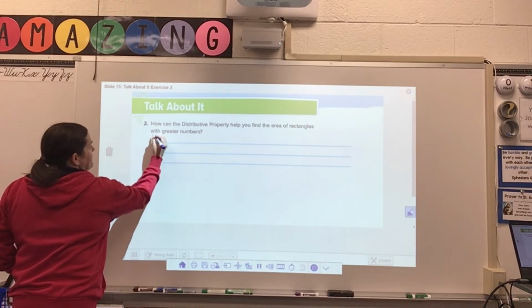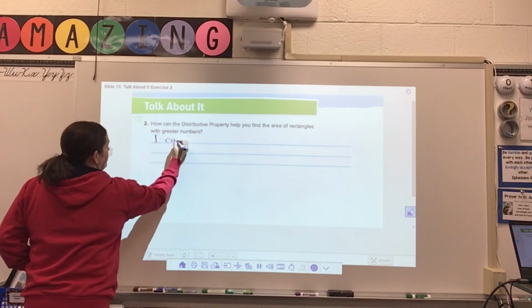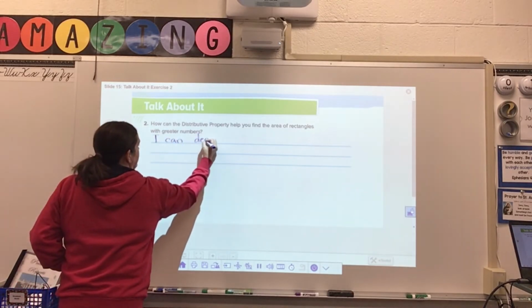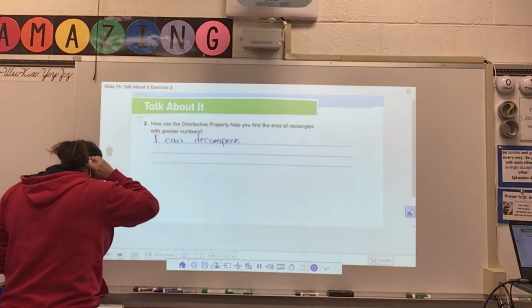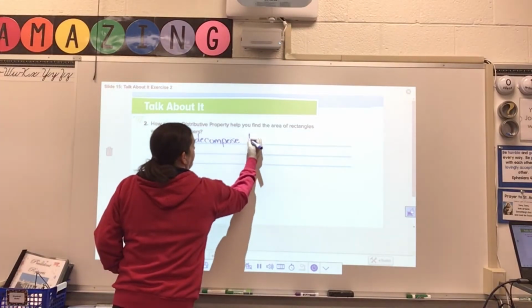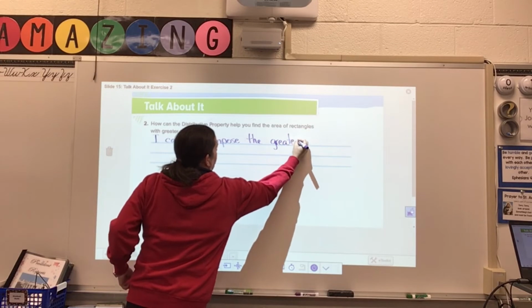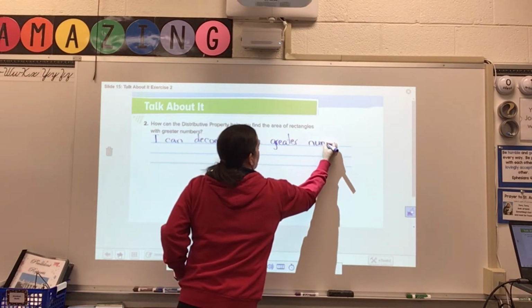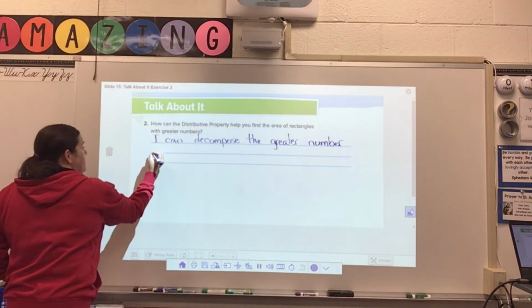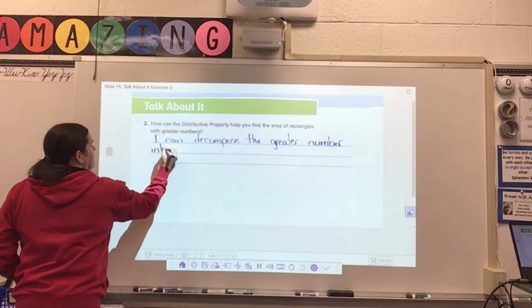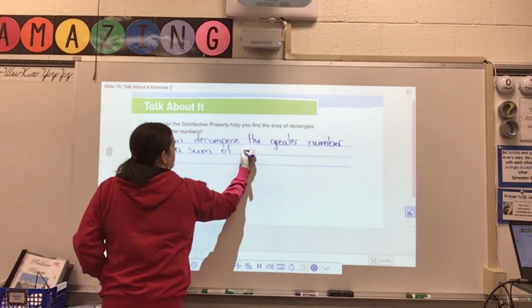Well, the distributive property helps me because then I can decompose the greater number into a sum of smaller numbers.